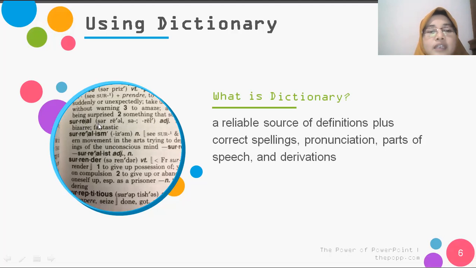Pronunciation is put in brackets. It is an adjective in part of speech. The part of speech is adjective. Then derivations. Maybe there are derivations of this word.